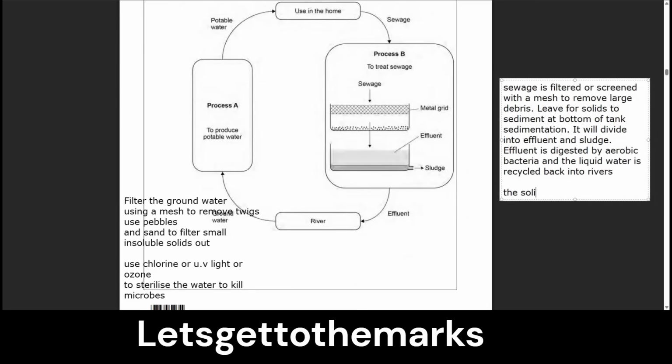The solid sludge, that's your poo, that's your feces, is digested by anaerobic bacteria. They're bacteria that don't like oxygen. I've really messed the spelling up there. Right, hold on. Anaerobic, there we go. The solid sludge is digested by anaerobic bacteria and is turned into fertilizer or manure, basically to put onto plants and help them grow.